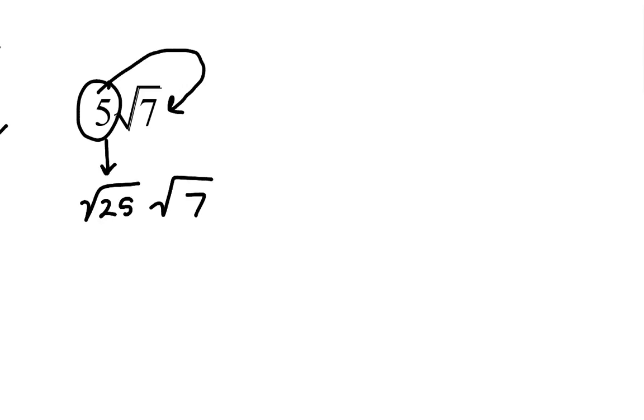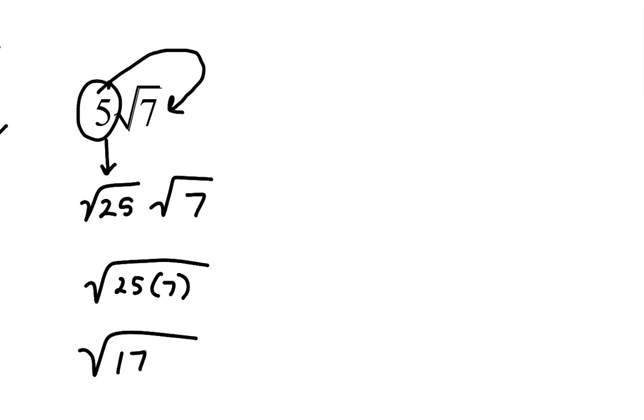So I did a substitution. I replaced 5 with square root 25, and now I can put the numbers together inside the radical, and 25 times 7 is 175. It's just the reverse process of what we've been doing.